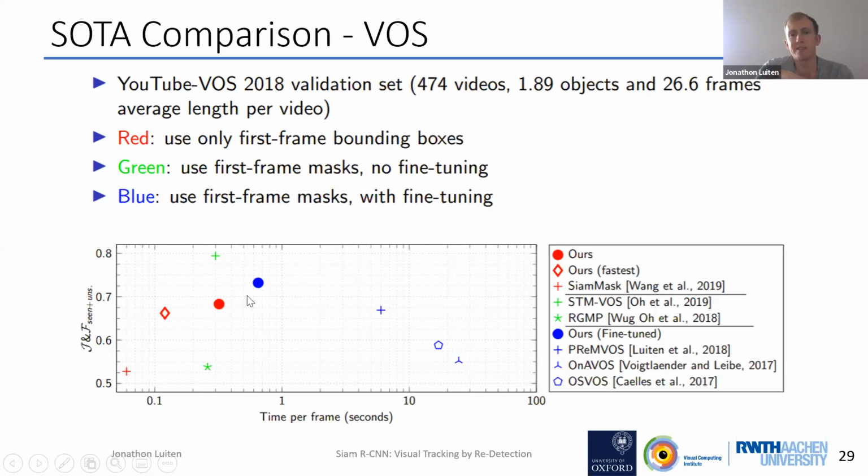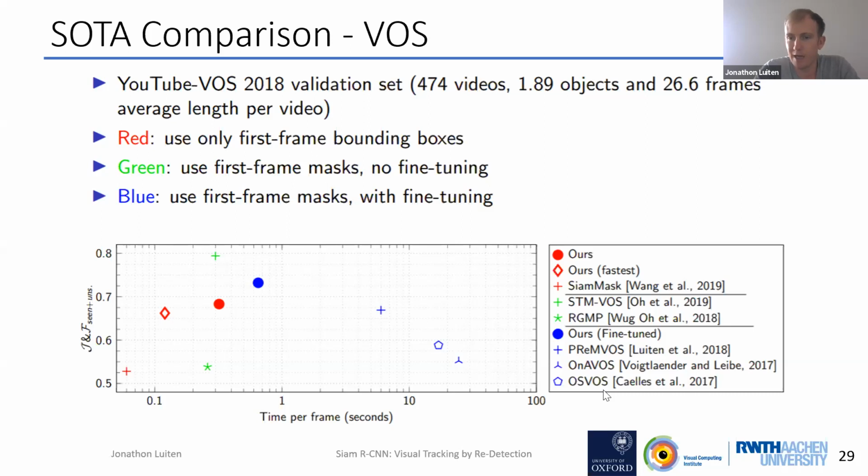The results get slightly worse, but not too much worse, when you run the fastest method, so the low resolution, ResNet 50 and fewer proposals. It doesn't go down that much, but it gets much faster. Then we have a slower method where we fine-tune just the segmentation.